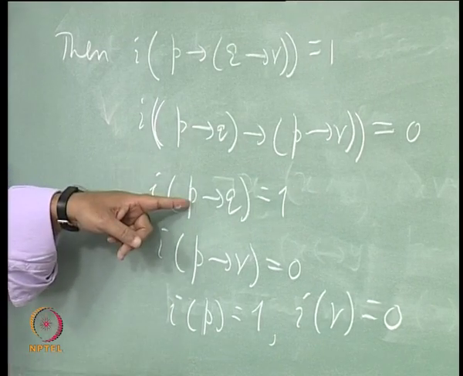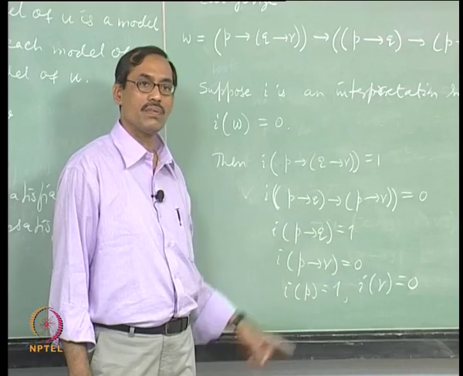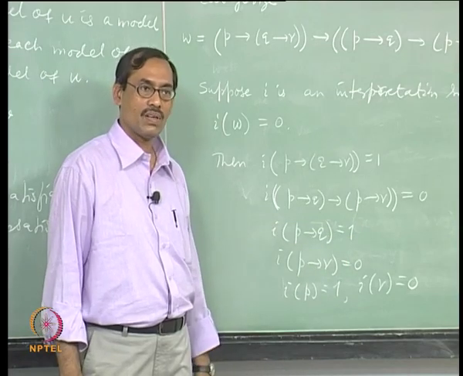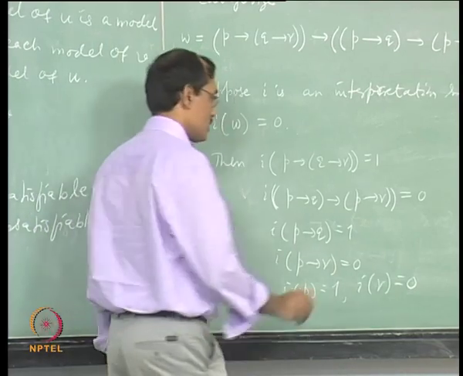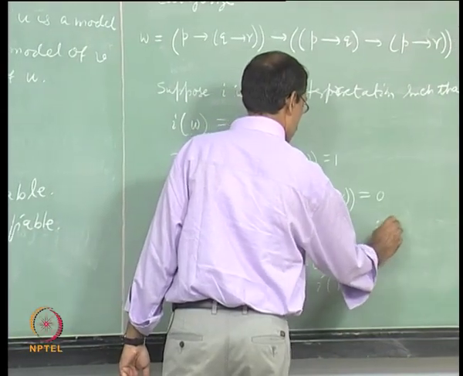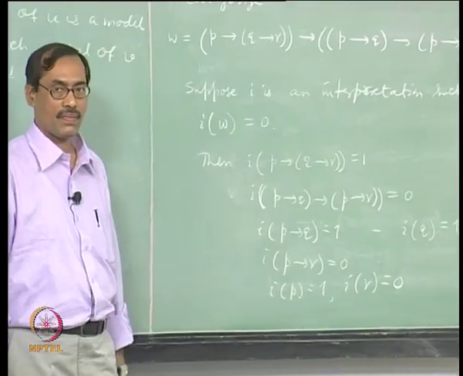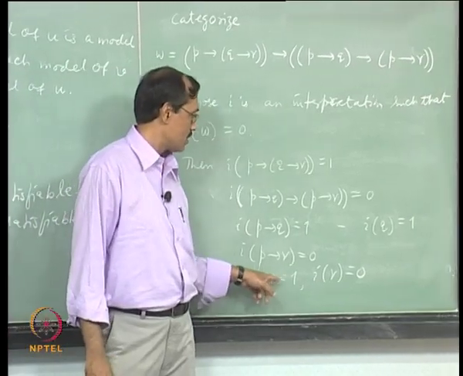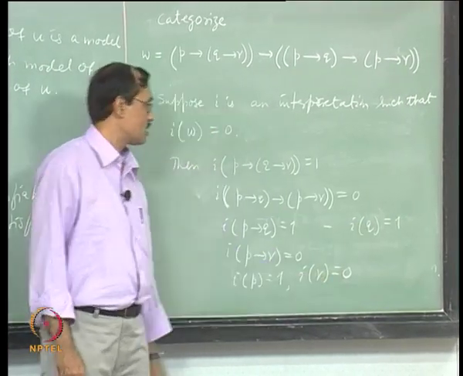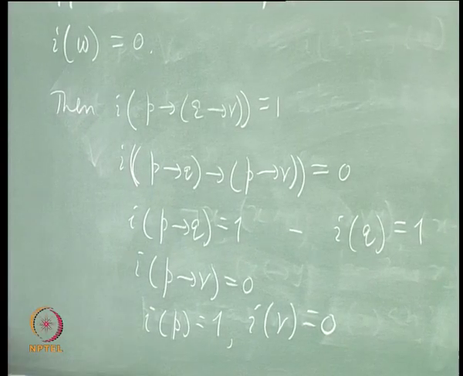If P is 1 and P implies Q is 1, what can Q be? It can't be 0. If Q is 0, then P implies Q should have been 0, but it is 1, therefore Q must be 1. So I of Q is 1. Now I get P as 1, Q as 1, R as 0. So what about this?